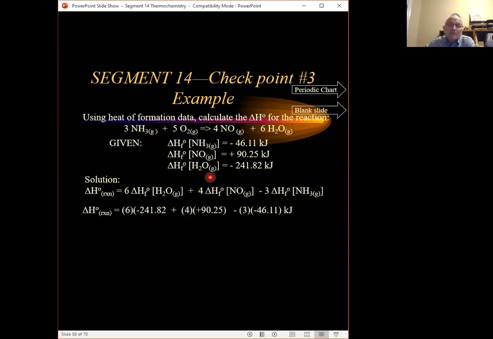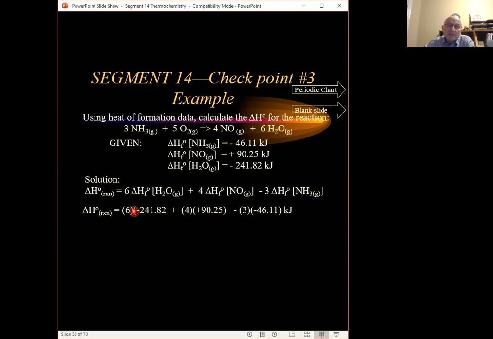The heat of formation of water is minus 241.82, and 4 times the heat of formation of NO is plus 90.25, minus the heat of formation of ammonia. So that's minus, there's 3 of them, 3 times the ammonia value is minus 46.11. Now, be really, really careful. If you're going to do this, do it exactly the way it shows and use the minus sign on your calculator.